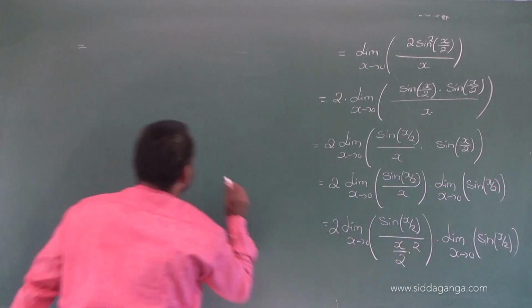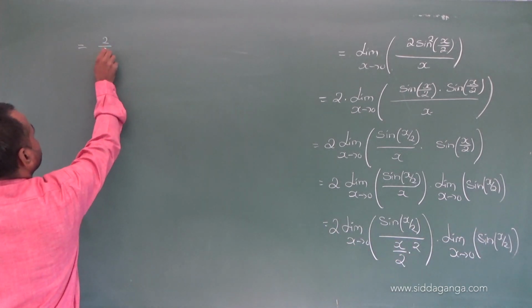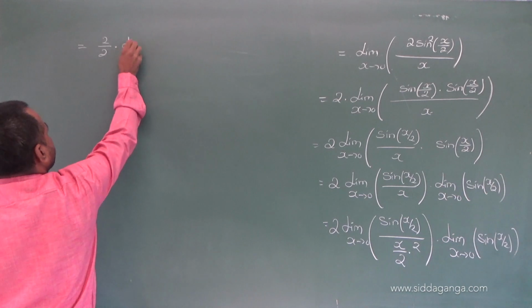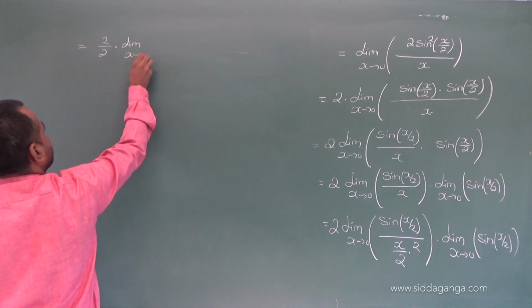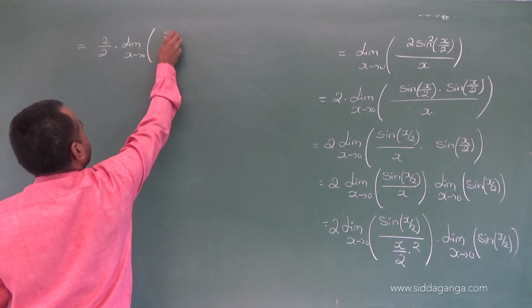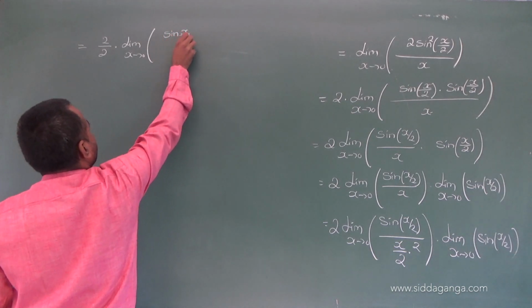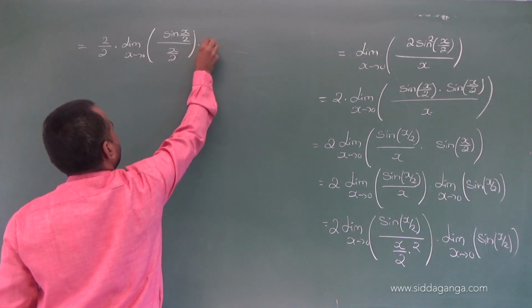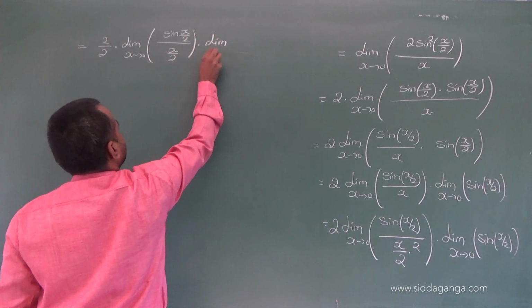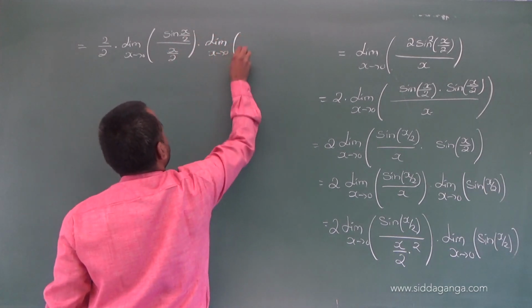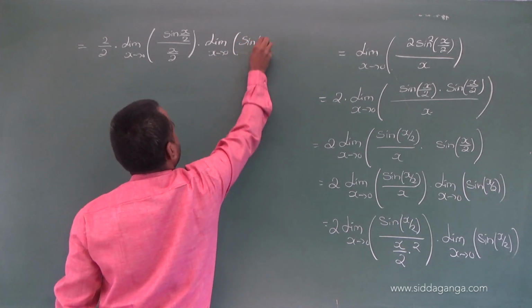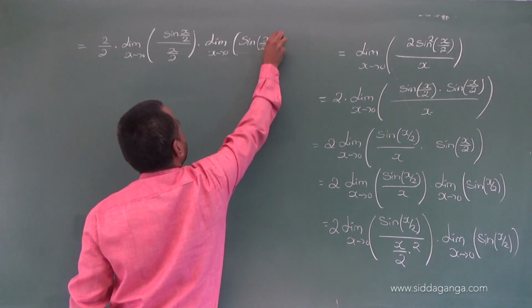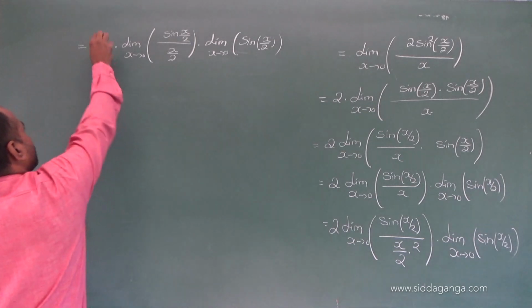This 2 is outside. Limit x tends to 0 of sin x by 2 by x by 2, into limit x tends to 0 of only one term, sin x by 2. So the 2 gets cancelled.